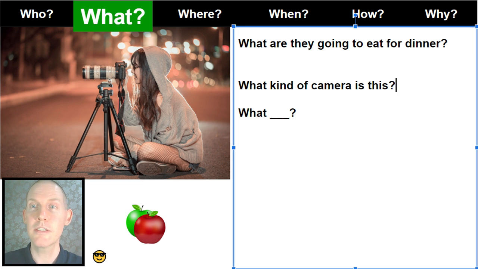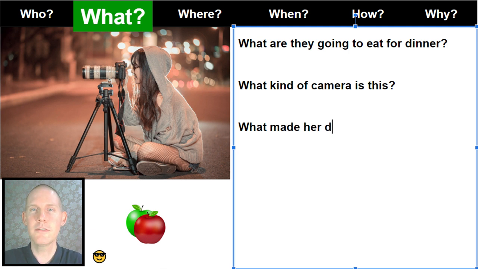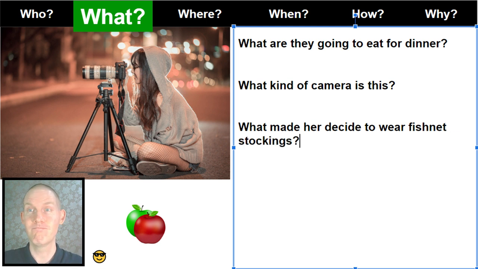It looks like a nice camera to me, right? I would say it's pretty nice. So we can say, what kind of camera is this? Maybe we could say, what made her decide to wear fishnet stockings? I don't know. Maybe she decided that she likes to wear fishnet stockings with her outfit, and there she is.